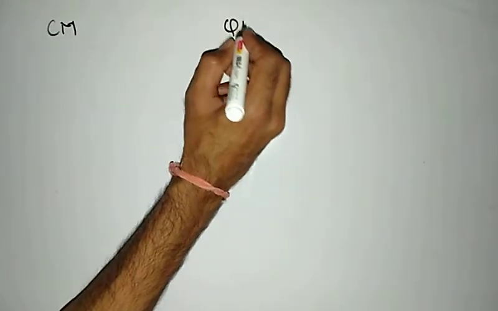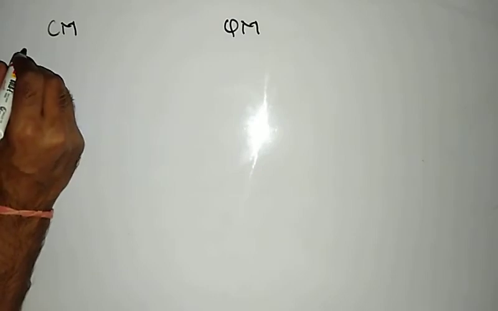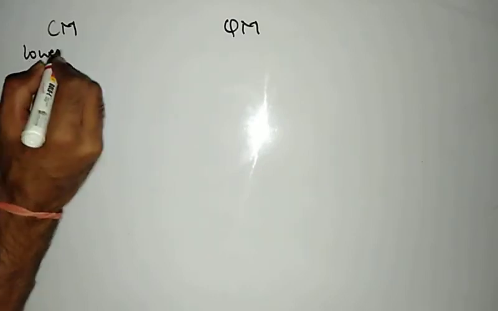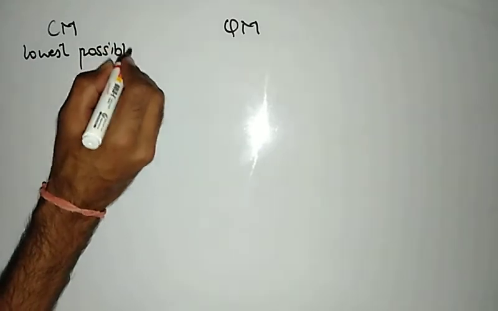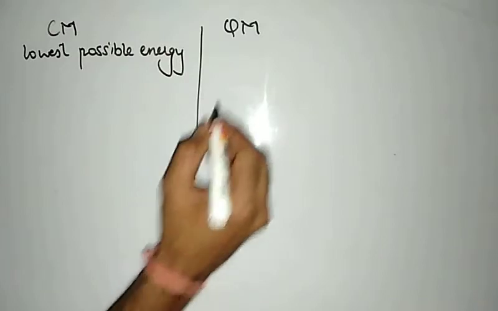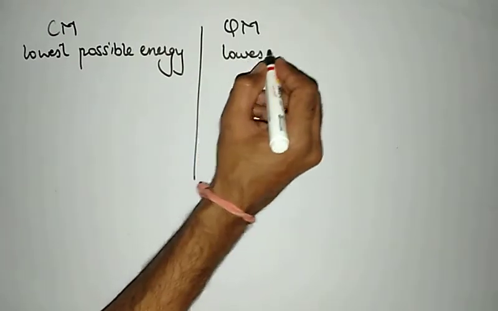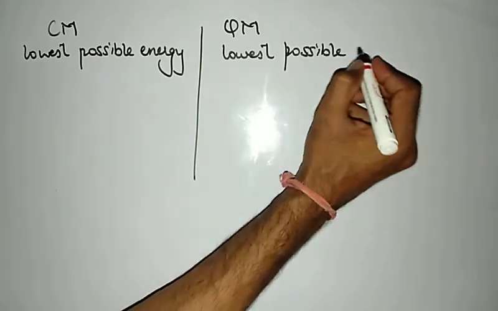One more difference between classical mechanics and quantum mechanics is in the lowest possible energy. In this case, and the lowest possible energy in this case.